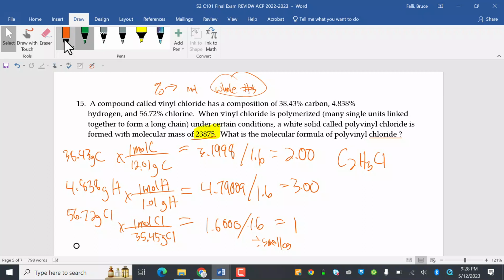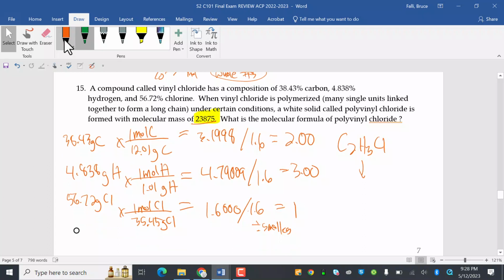So what I have to do now is figure out how much this weighs. I have 2 times 12.01, 3 times 1.01, and 1 times 35.45. I can do that in my head. 3.03 plus 35.45, that's 62.5.